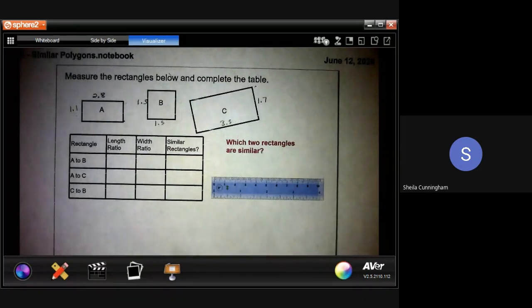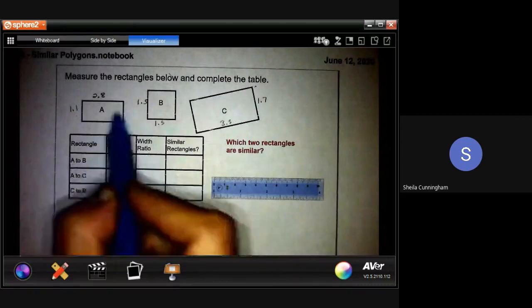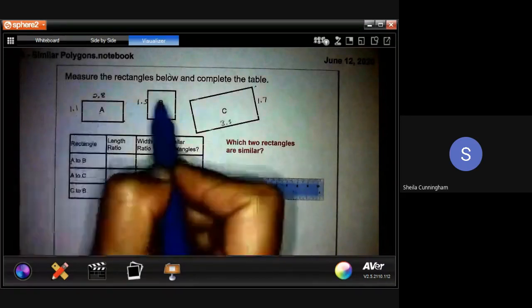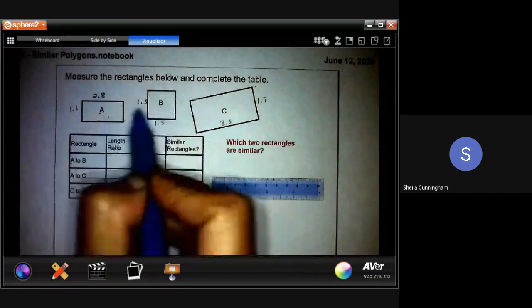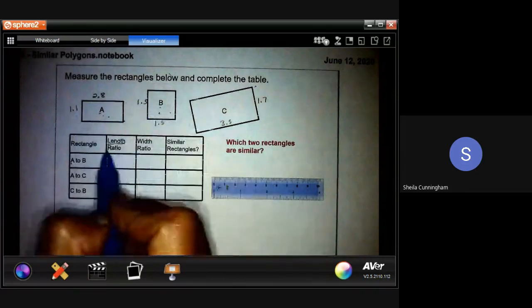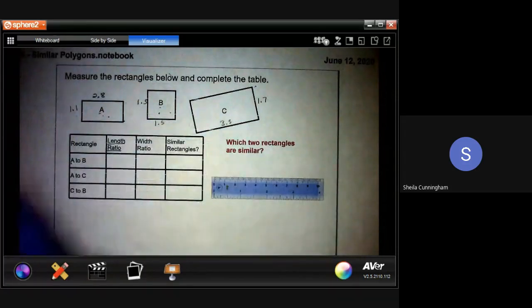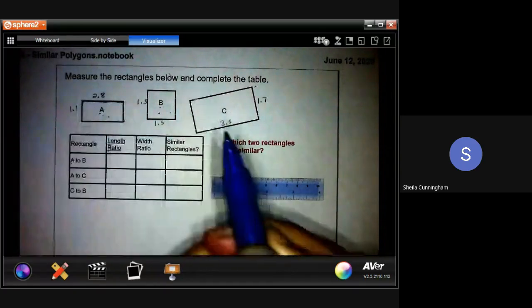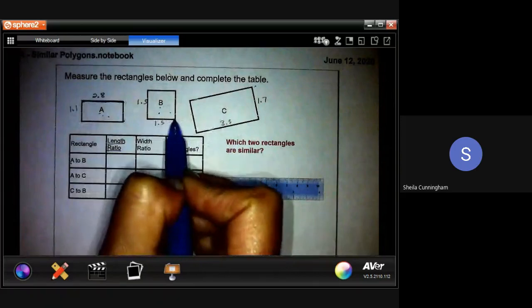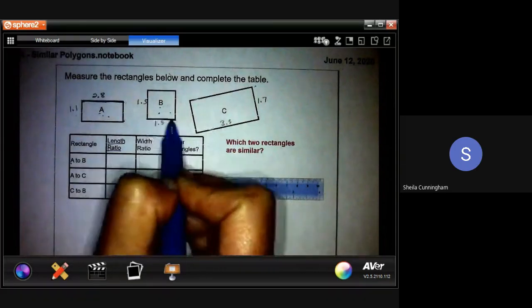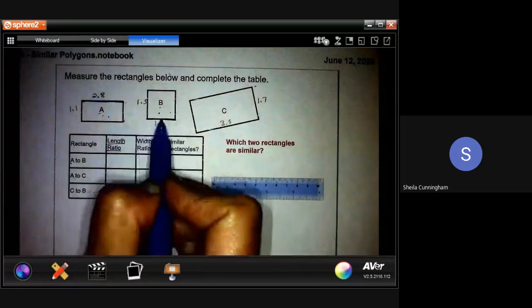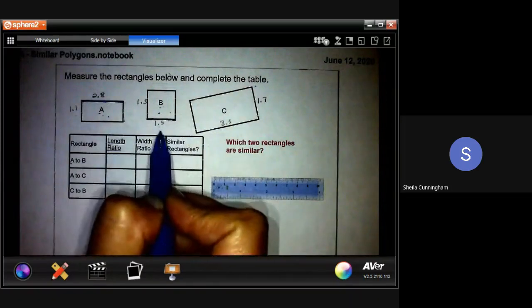So let's go through the process of, if I want to look at the rectangles A and B, so if I look at both of these shapes, let's look at the length ratio. So length meaning I'm going to take this length here of rectangle A, and a rectangle that has all sides equal is considered a square. So I'd be taking this length, this 1.5.